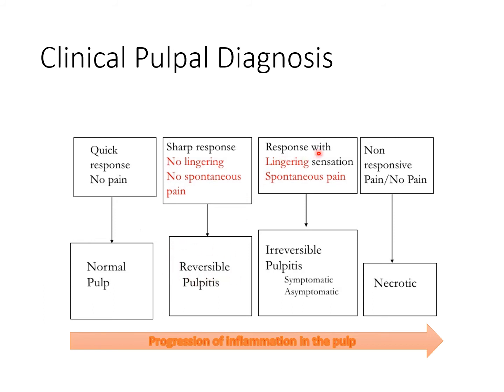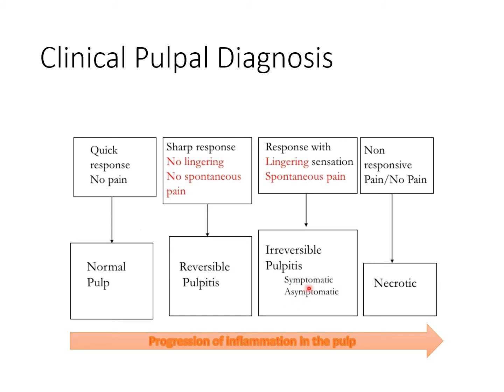But if the response has a lingering sensation and there is a history of spontaneous pain, that means the pain just starts on its own, most typically seen at night when the patient gets up from sleep because of the pain, then this is irreversible pulpitis, and it could be symptomatic or asymptomatic.